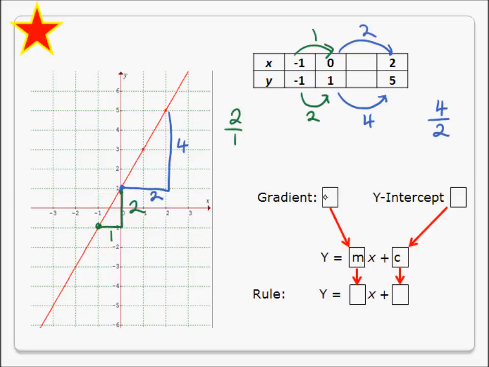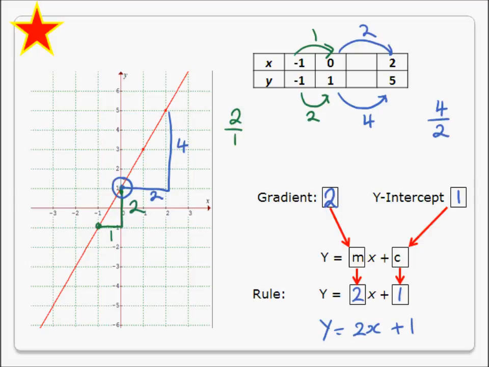They both come out to be a gradient of 2. And then if I wish to find my y-intercept, I have a look down the y-axis, find out where it intercepts. The y value where the intercept is 1. So the constant is 1, the coefficient is 2, y equals 2x plus 1.